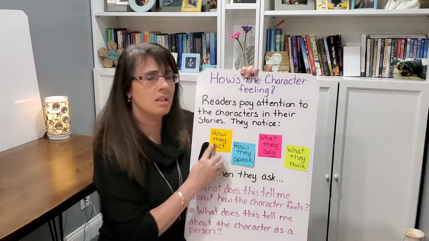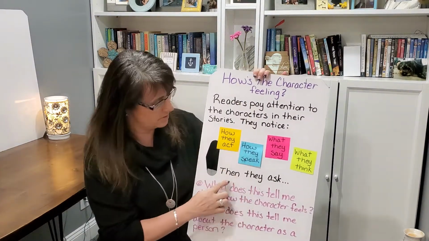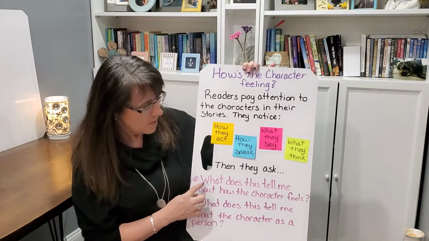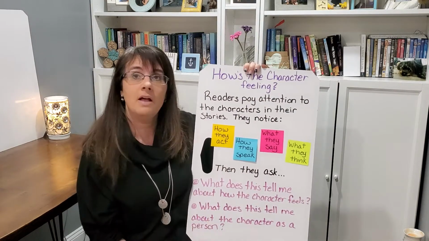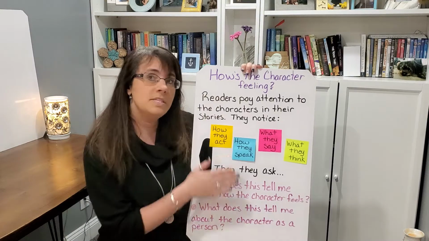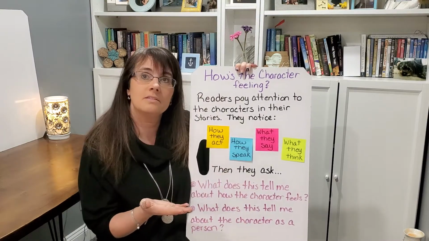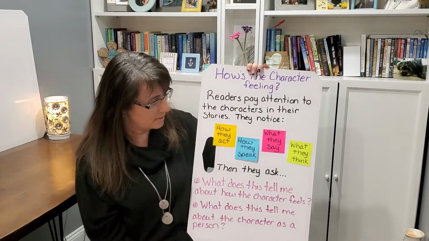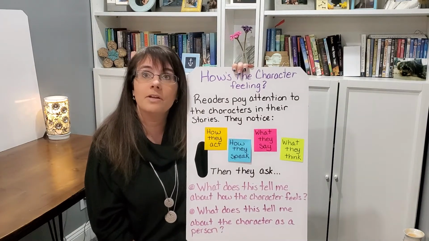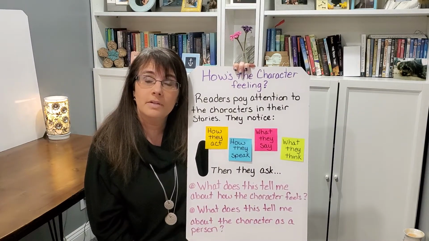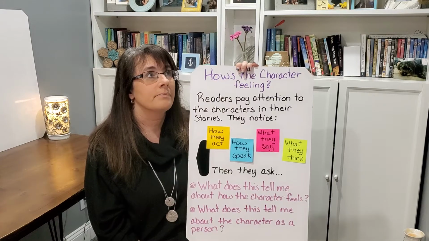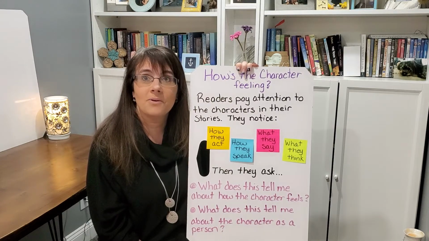So then once you take all of this into consideration about your characters, we want to ask ourselves, well, what does this tell me about how the character feels? Once I know all of this, what kind of feelings is the character having? Does it tell me that they're feeling angry about things like Dune and Ember? I think about Lizzie Biscoe in Ember.